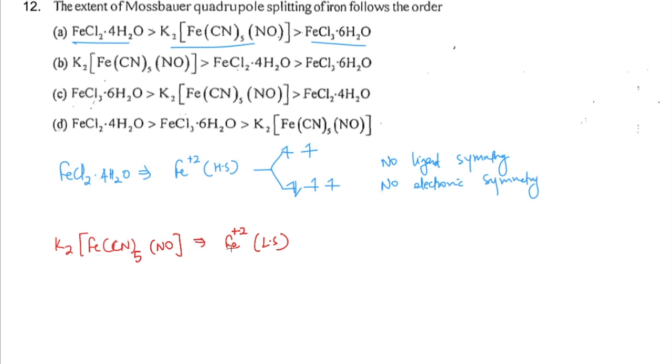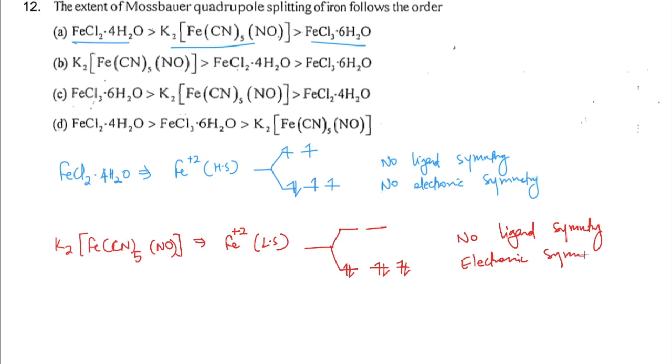Right now you can see that it's a d6 species. When you fill it, 1, 2, 3, 4, 5 and 6, this is how you will fill it. Although the ligand symmetry is not there because you have two different types of ligand, there is electronic symmetry, because the electrons are filled symmetrically, right?